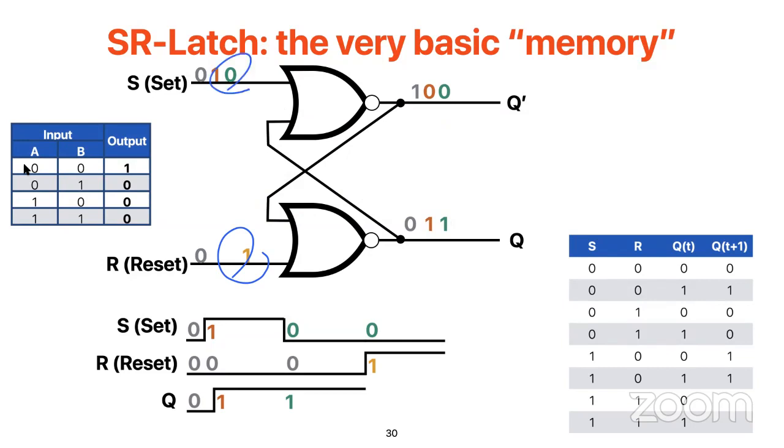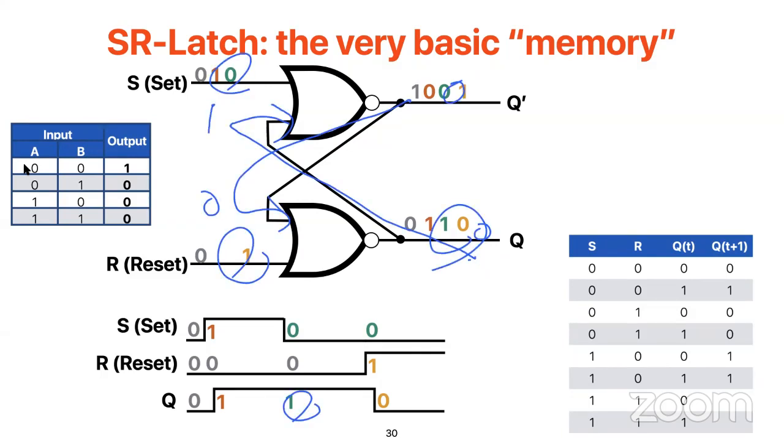Remember what's previously here, this is 1, right? So this one gets propagated to this gate in the very beginning, and 0, 1 gives us an output 0. And this one gets propagated here, and 0, 1 also gets us a 0, right? So it turns out that right now we are setting the content in the SR latch to be 0.